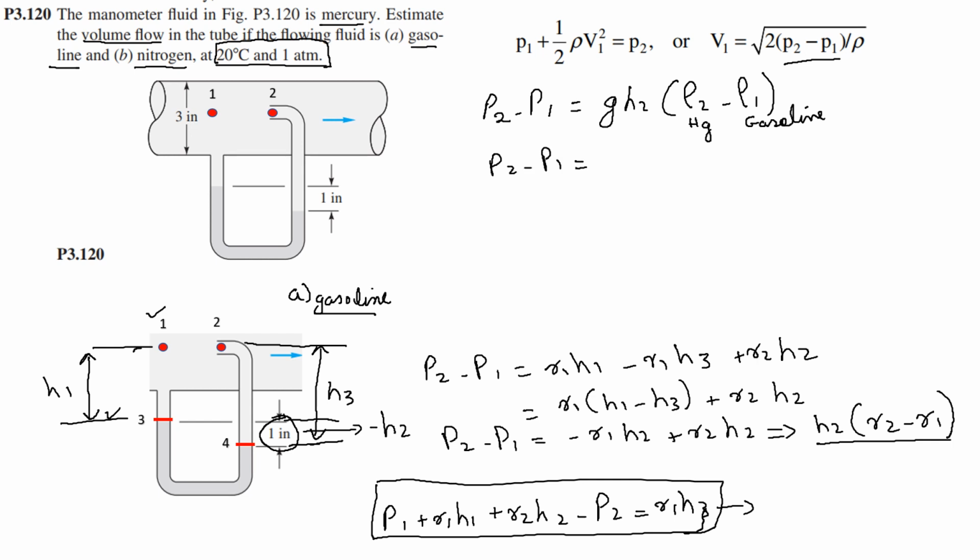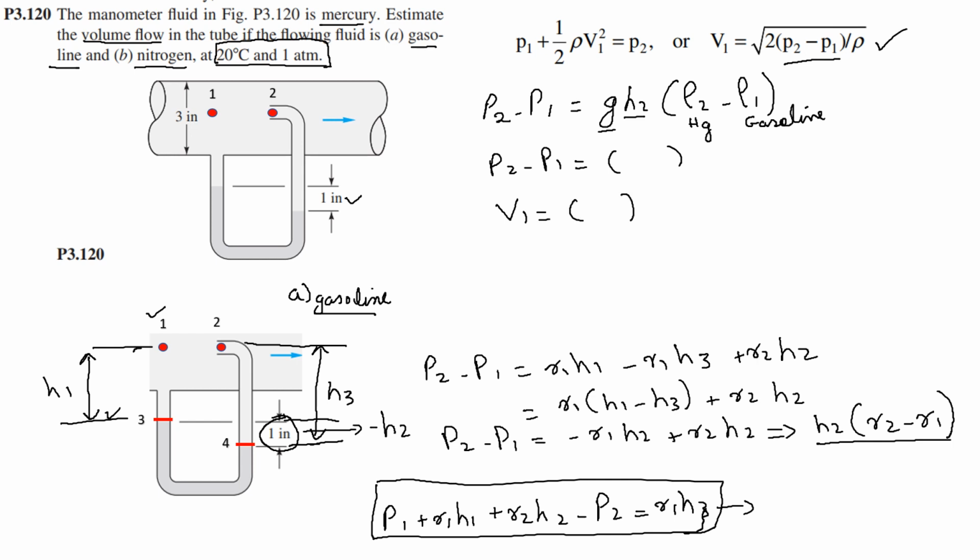So you will have your differential pressure multiplied by G, and H2 is given as 1. So you will have an equation in the form of P2 minus P1. So using this equation, then you will find V1.